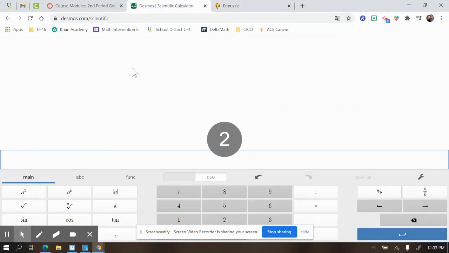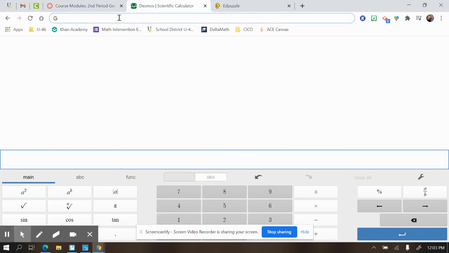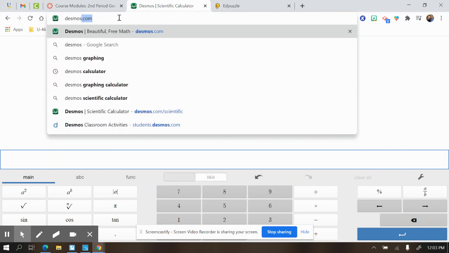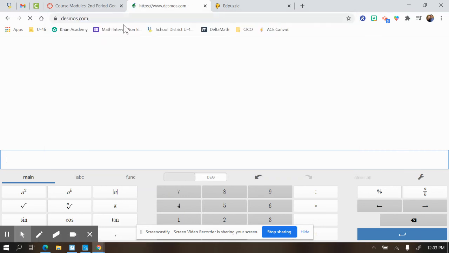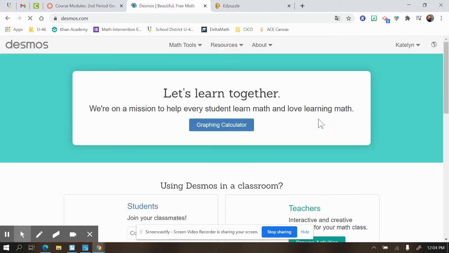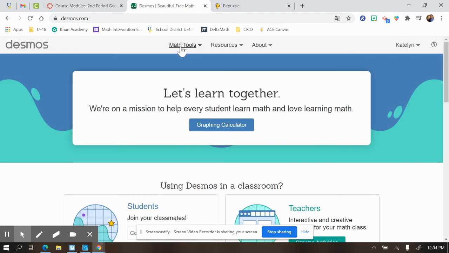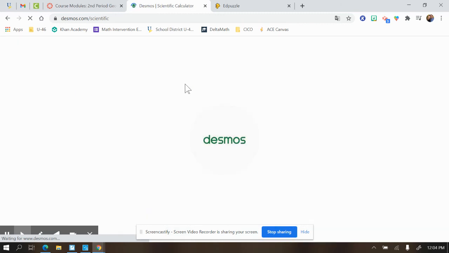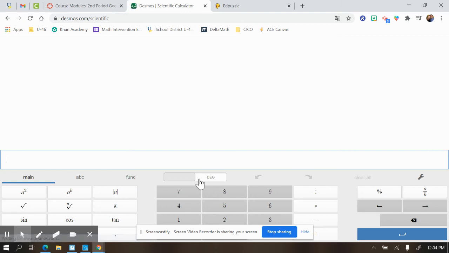If I go to Desmos, it originally will bring you up to the page for the graphing calculator, but where you want to go is Math Tools and the little arrow, and we're going to click on Scientific Calculator. When we are solving these problems, we want to make sure this little slider has degrees showing, because we want to find the degrees of this.